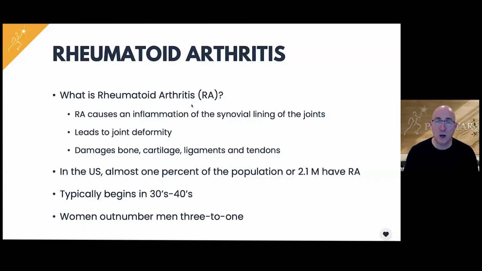And it actually starts with people that are younger. A lot of times we classify it as a disease of the elderly. That might be when we used to see the deformities, but the disease itself could start as early as the 20s, typically 30s and 40s, and then progress throughout their life. Women are diagnosed with rheumatoid arthritis at a rate of 3 to 1.